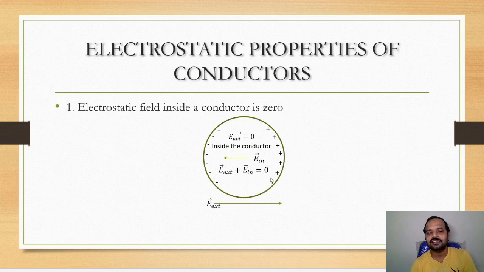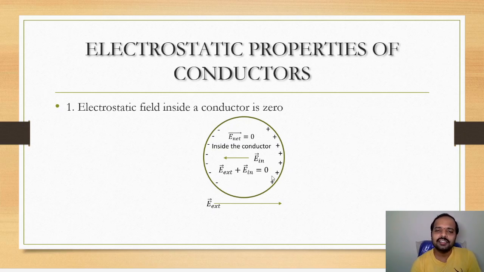That is, they are going to get polarized. That is, the conductor gets polarized inside, and hence due to this polarization there is an induced electric field inside the conductor in the direction opposite to that of the external electric field. And as a result, if you find the net electric field inside the conductor, the external field plus the internal induced electric field, the sum of these two you will find will be equal to 0.